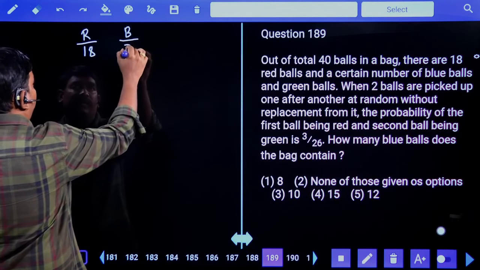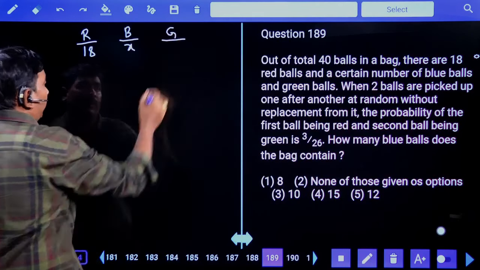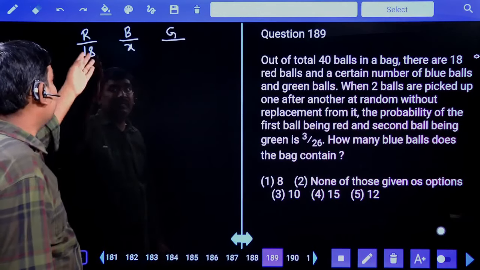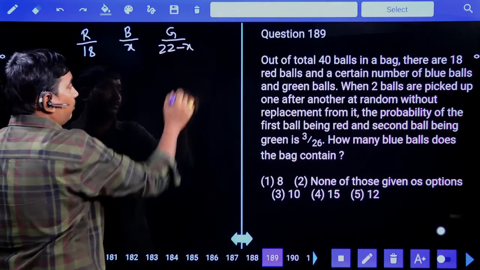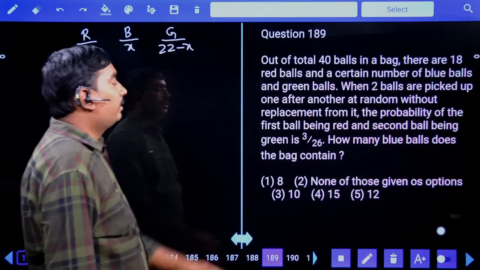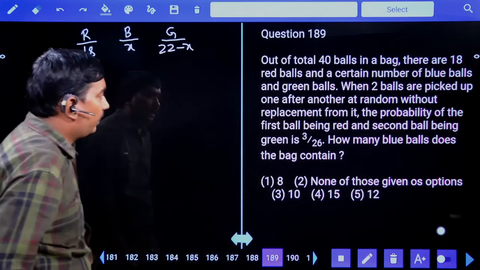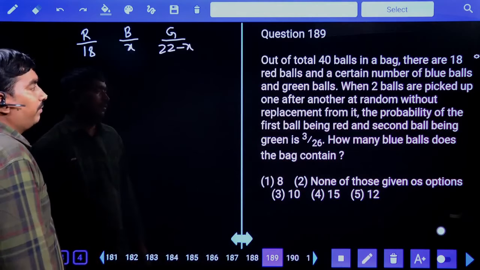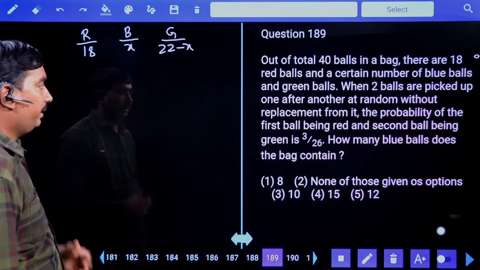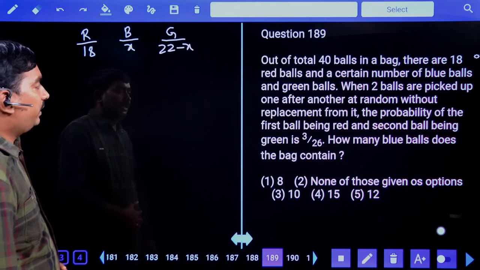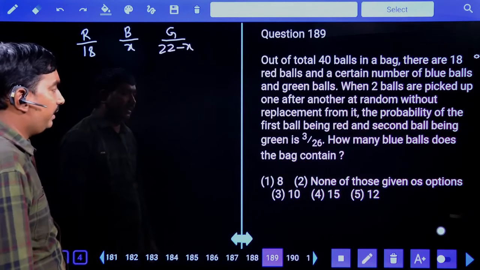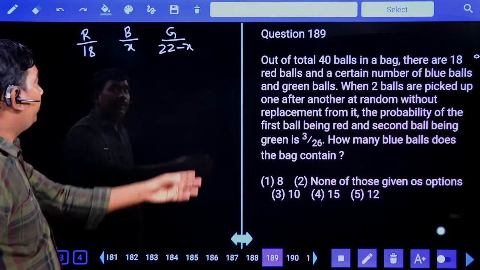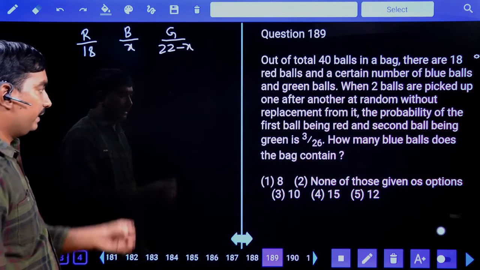If blue balls are x, then green balls are 40 minus 18, means 22 minus x. When two balls are picked one after another at random without replacement, the probability of the first ball being red and the second ball being green is 3 by 26. How many blue balls does the bag contain?